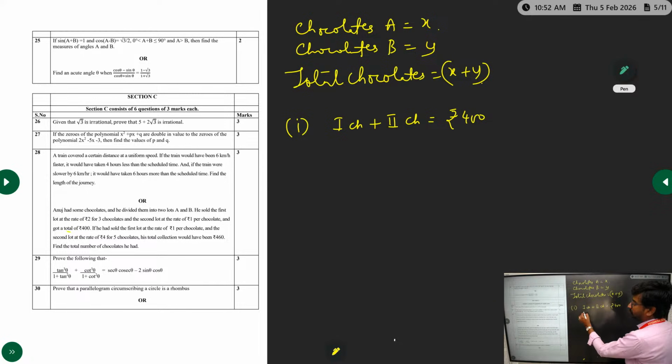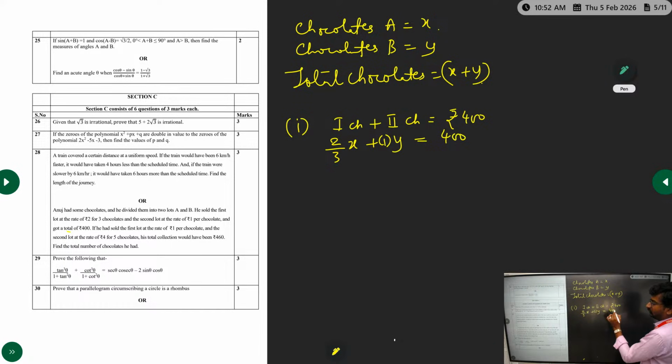Now first will be 2 by 3 x plus 1 into y is equal to 400. 2x by 3 plus y is equal to 400.